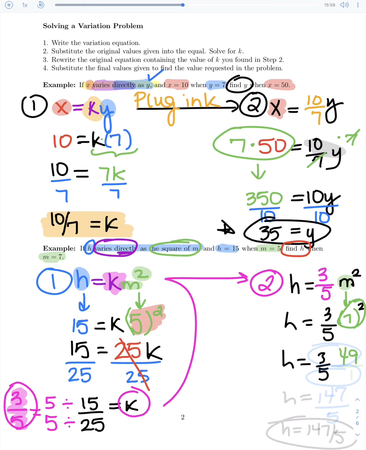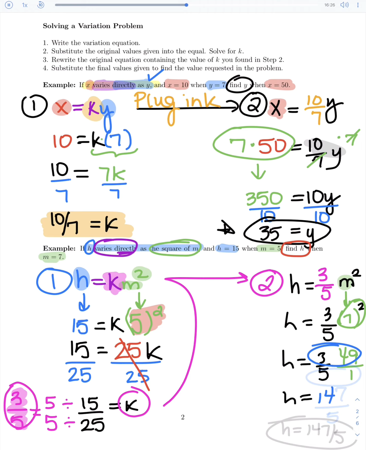But we're multiplying fractions, so let's write the 49 as a fraction, 49 over 1. How do you multiply fractions? You go straight across the top and straight across the bottom, because nothing reduces. So 3 times 49 will get you 147.